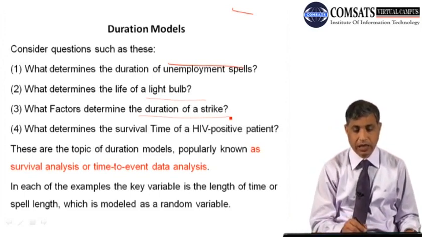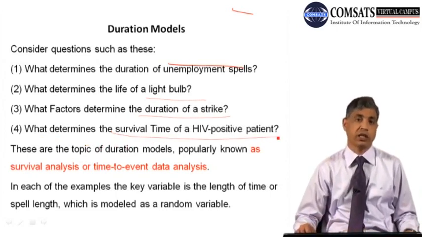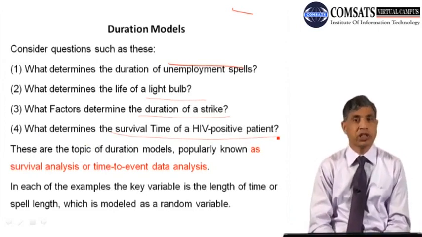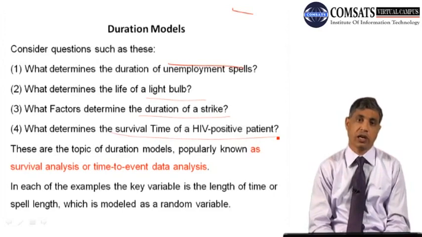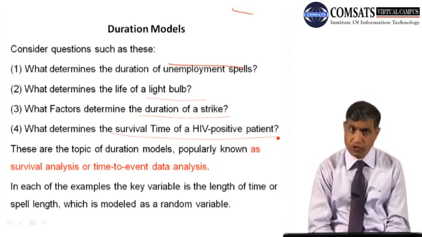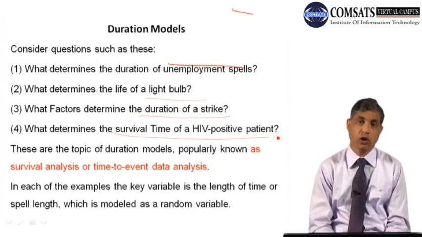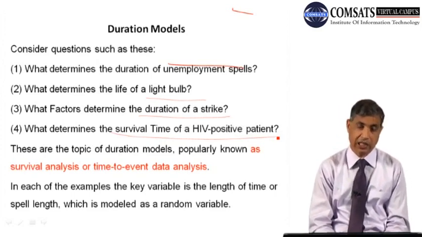And last but not least, what determines the survival time of an HIV positive patient? Most of the time it is said that HIV patients are going towards the cruel clutches of death. So if a doctor examines a person who is HIV positive, how can he say how many days, months or years this person can survive?